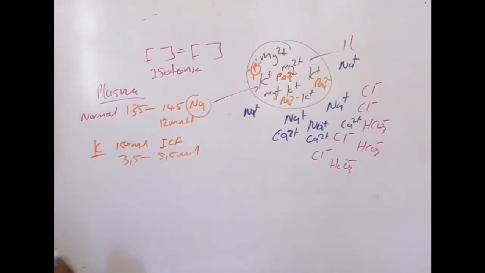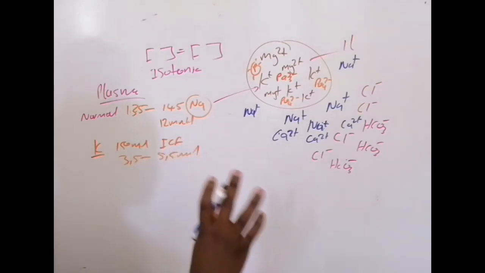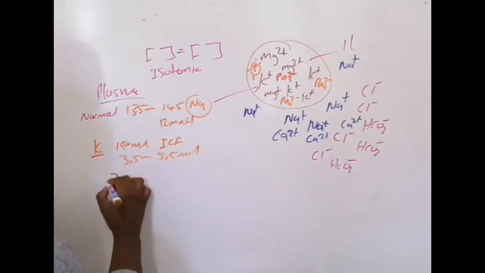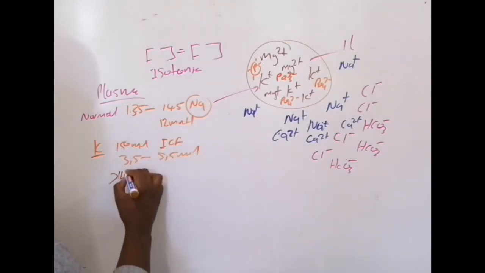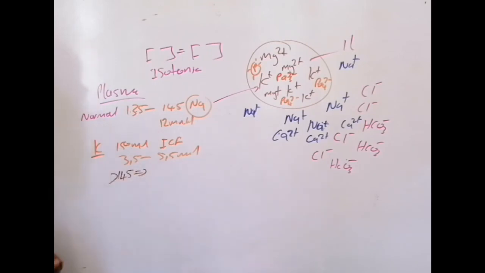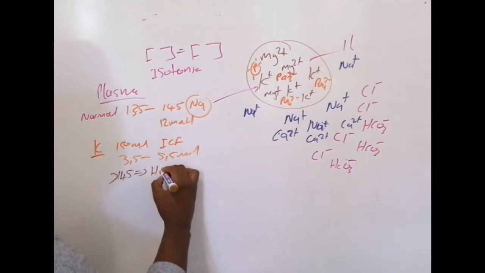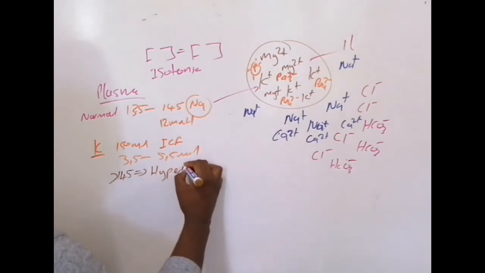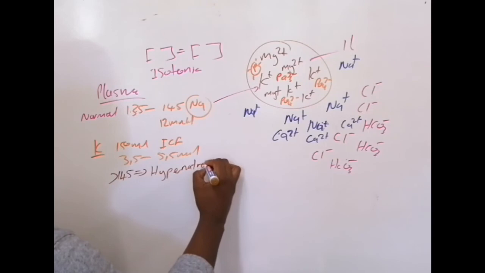Okay, let me just bring some clinical insight. When you've got a sodium that is more than 145, you have a pathology. That abnormality is called hypernatremia.